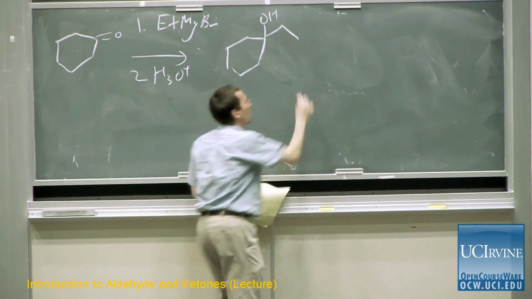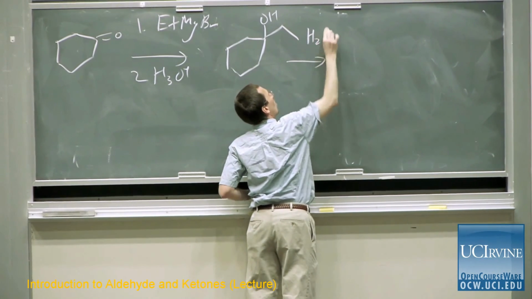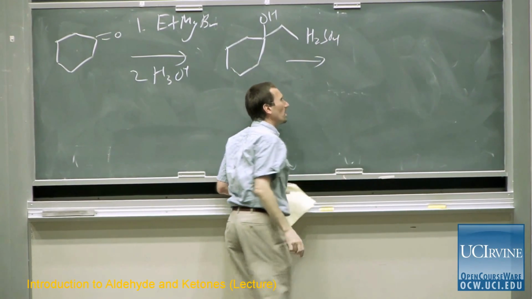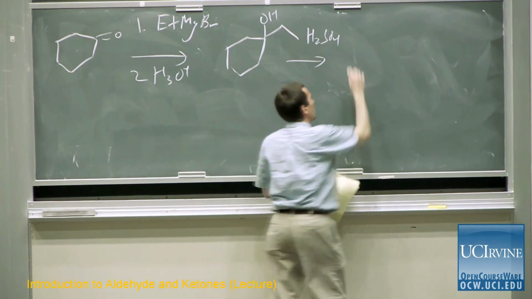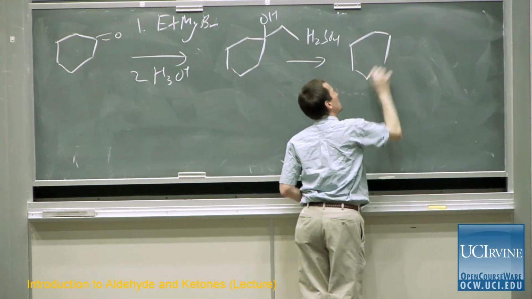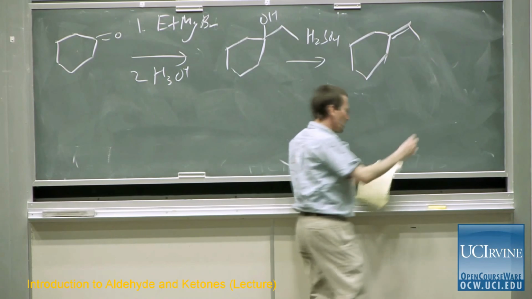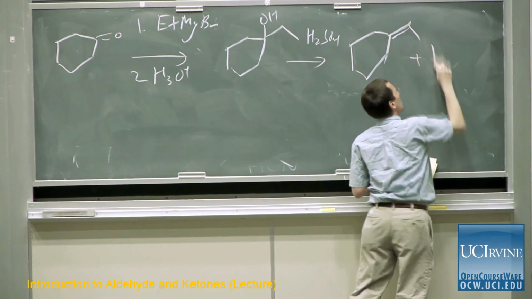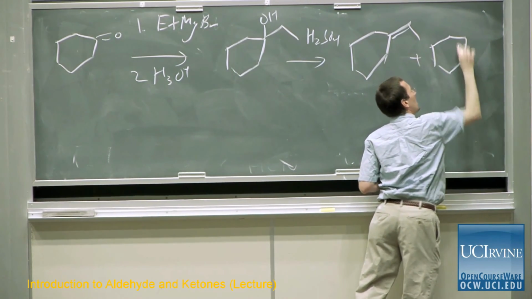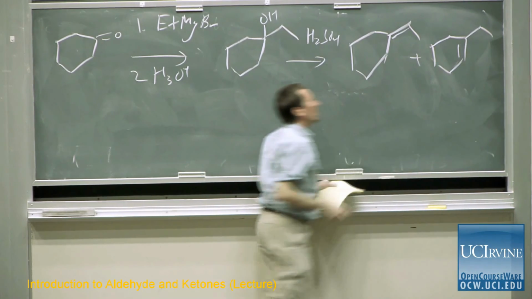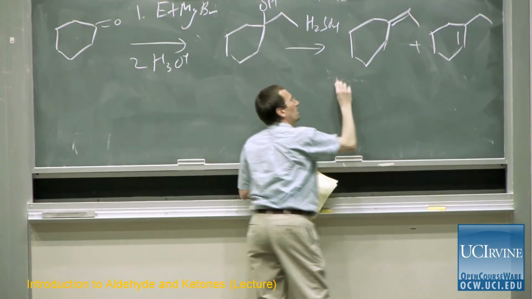Now, if I were to treat this alcohol with sulfuric acid, maybe a little heat under dehydrating conditions, sure, I'd get some of this product that I set out to make by the Wittig reaction, but I'd get it as a mixture of products in which we would also get the internal alkene.